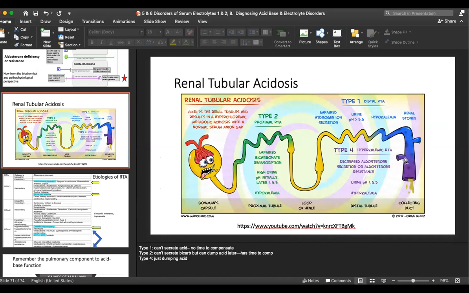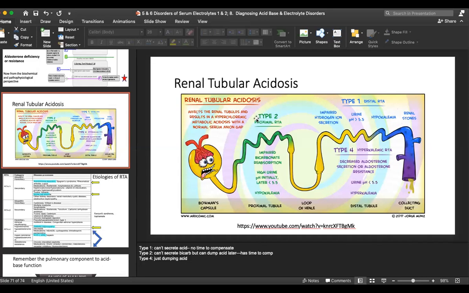So basically, we don't have time to secrete the acid, so we're going to have a high pH because there's no time to compensate. I sort of think of this as drugs too. So our type 1 and type 2, I think of them as like diuretics. So I think, okay, it's sort of like a thiazide. So I'm going to have hypokalemia.